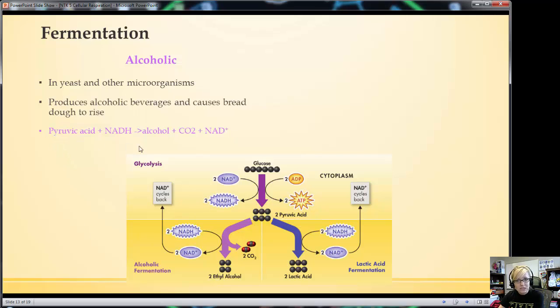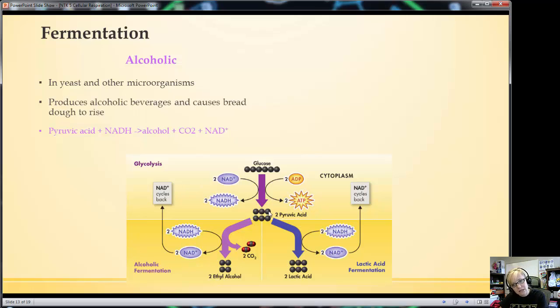You do need to know this equation, so please make sure that you jot this down. Remember, alcoholic fermentation, first we're starting with glucose, we're converting that to pyruvic acid, and then NADH is needed for that fermentation to take place. What are our products of alcoholic fermentation? Some ethyl alcohol, carbon dioxide, and NAD+.